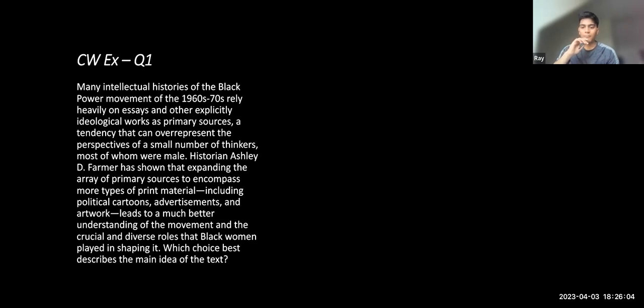I'll say we can expand the area of primary sources by using political cartoons, advertisements, and artwork, which is very helpful to understand the movement and is a crucial and diverse role for Black women.